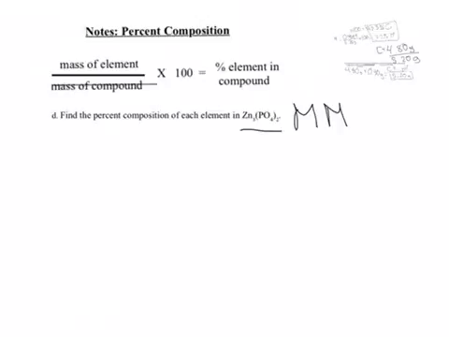So when we do that math, we end up getting 386.08 grams per mole for the whole compound of zinc phosphate.